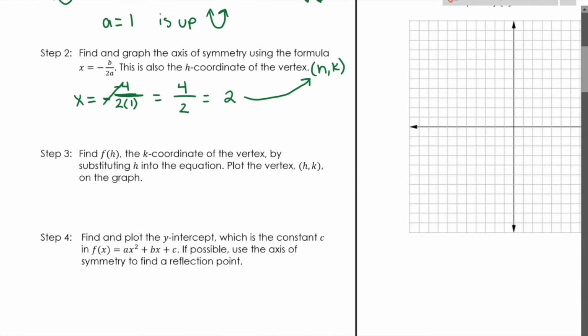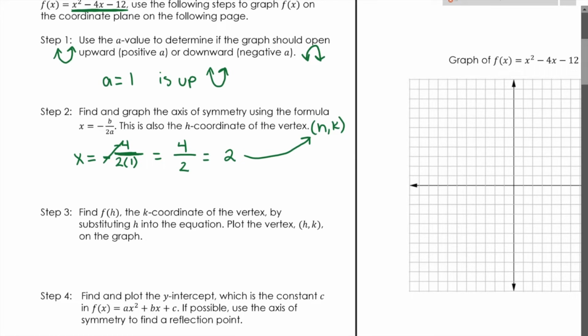Okay? Now, let's move on to step 3. Find f of h, the k coordinate of the vertex, by substituting h into the equation. Plot the vertex h, k on the graph. So, first thing we're going to do is plug in that 2 for the x, so that way I can figure out what the other value is.